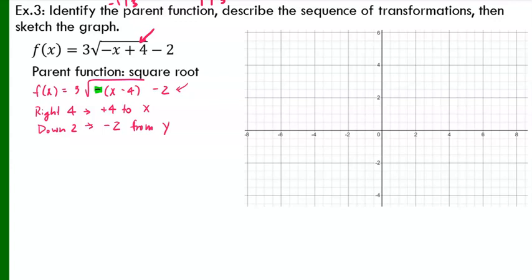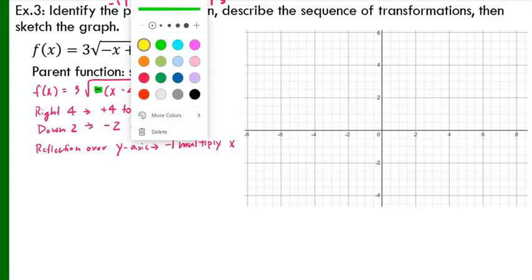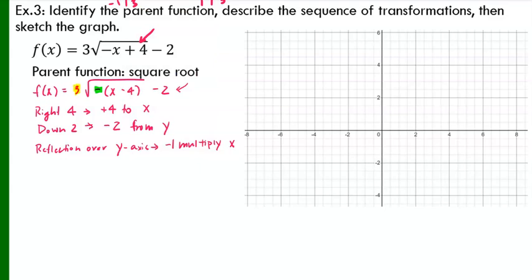Okay, and then we take a look at the negative right here. That negative is a reflection over the y-axis, which mathematically we take -1 and multiply it to the x, or the input. And then we take a look at this 3 right here.